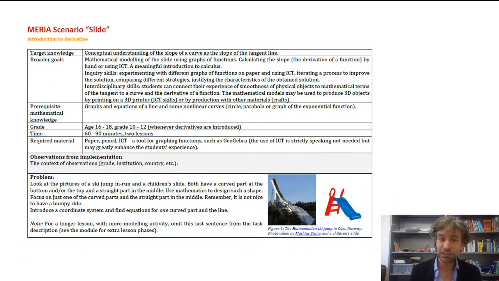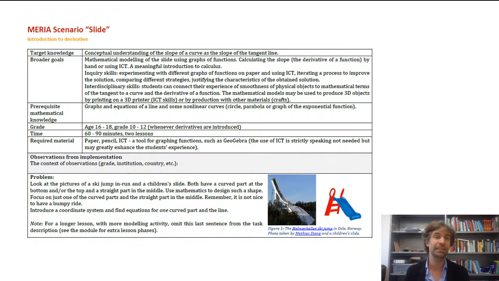Okay, if you're interested in this scenario, there are even more scenarios. I'd just like to show you this one slide with the scenario that we made in the Myria project. If you search for Myria project in Google, you'll find the webpage for this project, and you'll find more scenarios like this. So if you want material that you can start using in your secondary school, go there and look at the scenarios.